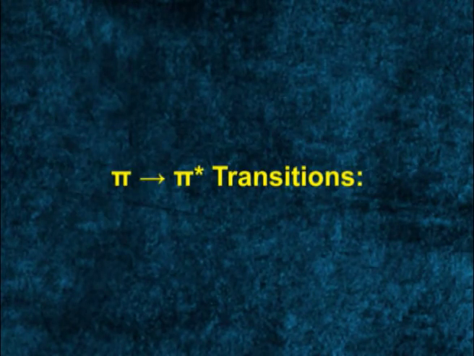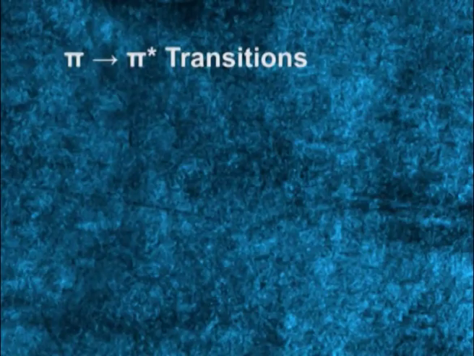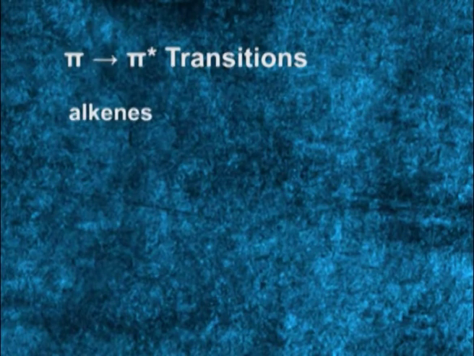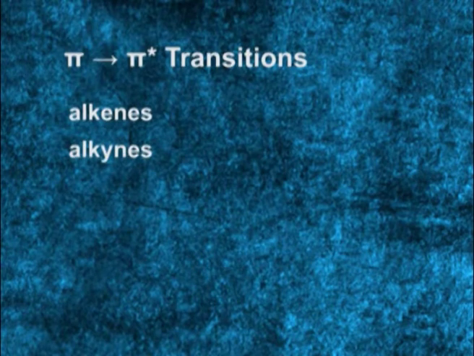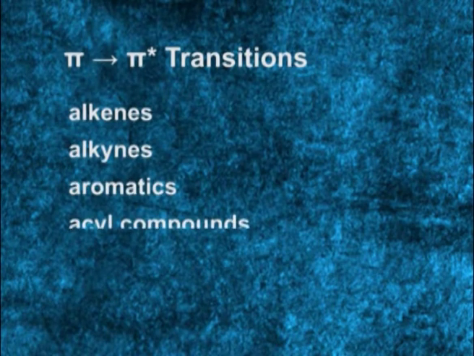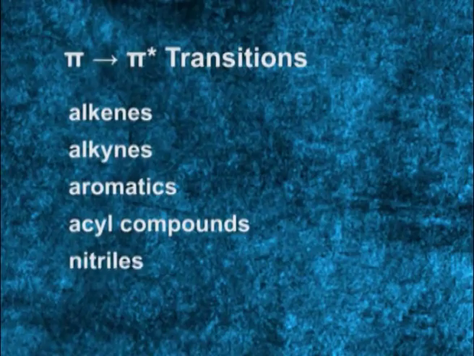Pi to pi star transitions. These transitions need an unsaturated group in the molecule to provide the pi electrons. Examples are alkenes, alkynes, aromatics, acyl compounds or nitriles.